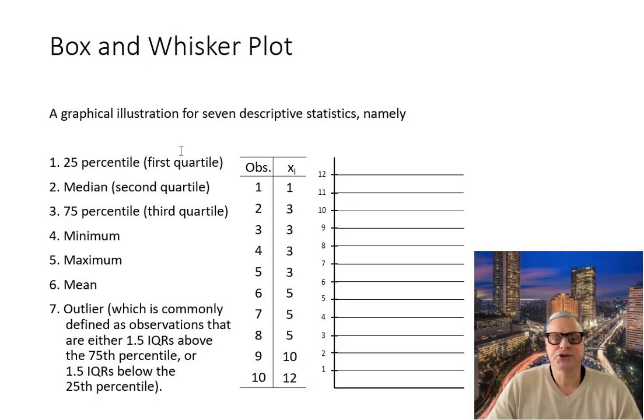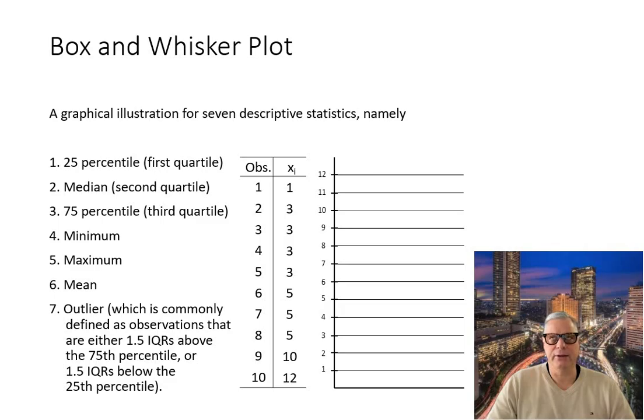What the box and whisker plot does is illustrate the 25th percentile, or the first quartile, the median, the 75th percentile, the minimum, the maximum, the mean, and also outliers. And that is important.